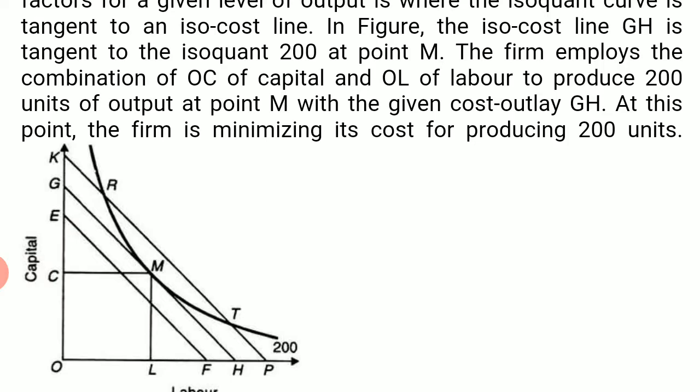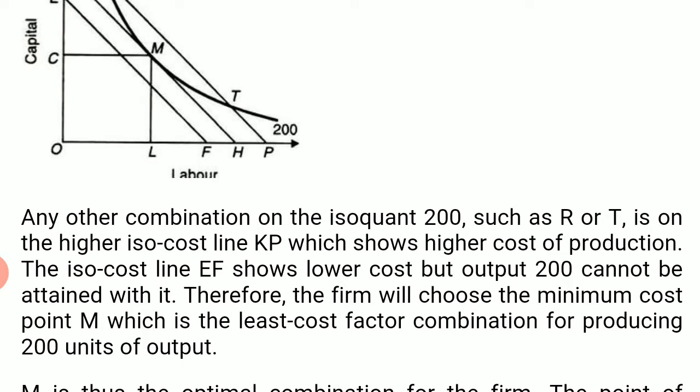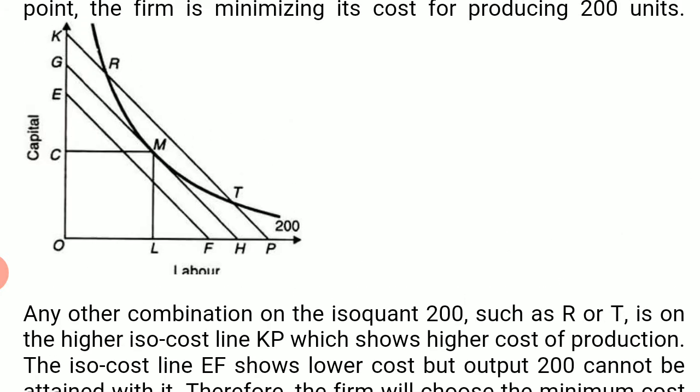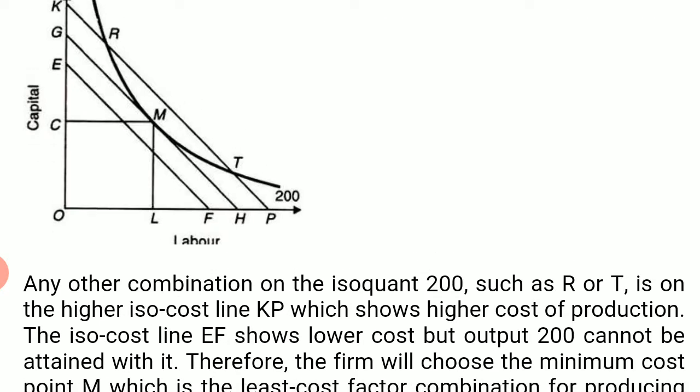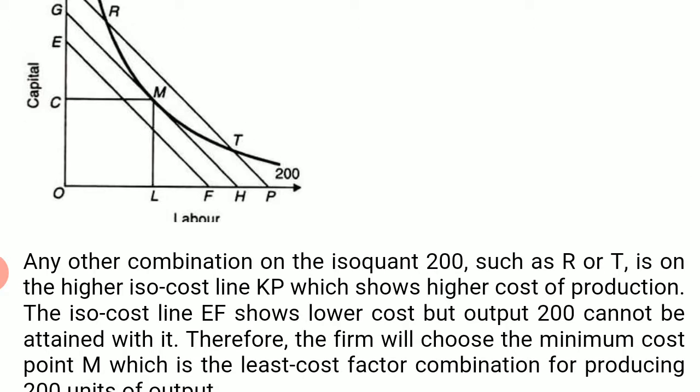At this point, the firm is minimizing its costs for producing 200 units. Any other combination on this isoquant such as R or T is on the higher isocost line KP, which shows higher cost of production. The isocost line EF shows lower cost but output 200 cannot be attained with it. Therefore, the firm will choose the minimum cost point M, which is the least cost factor combination for producing 200 units of output.